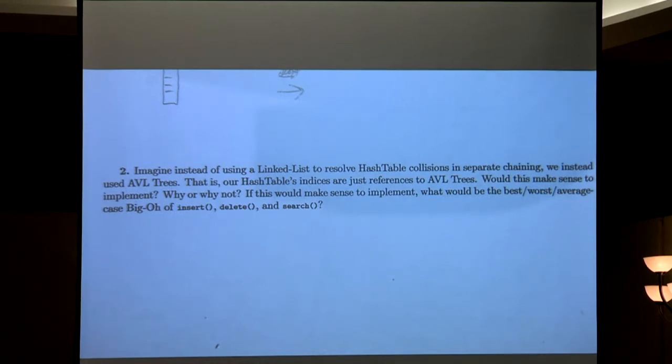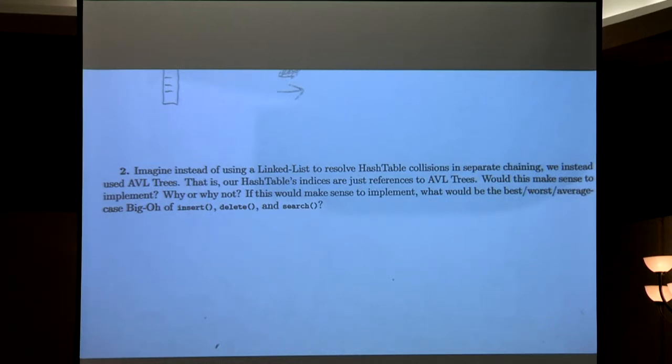Now what about on average? What do you think this would have? Order 1. Order 1? That's what you want with a hash table, right, is order 1? So how would that work? On average, how many things would you expect each AVL tree to have inside of them? A constant amount, I guess.